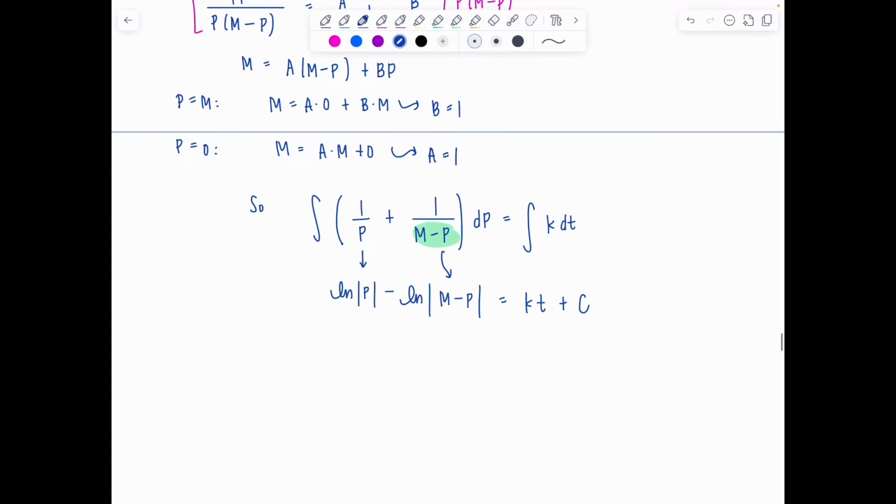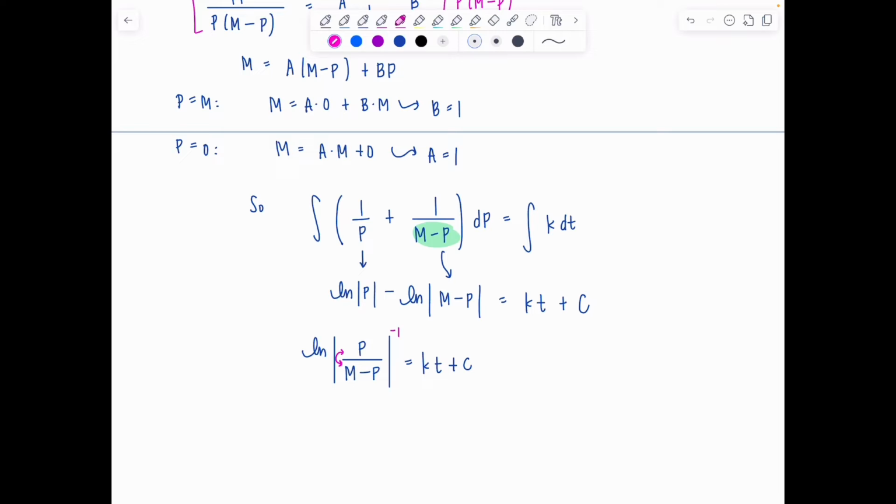So using our log properties, let's combine. The left-hand side is going to be natural log absolute value p over m minus p equals kt plus c. And then what I'm going to do is flip the argument inside my natural log, which is the same as adding an exponent of -1 here.